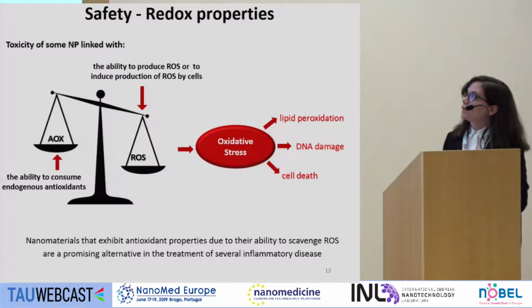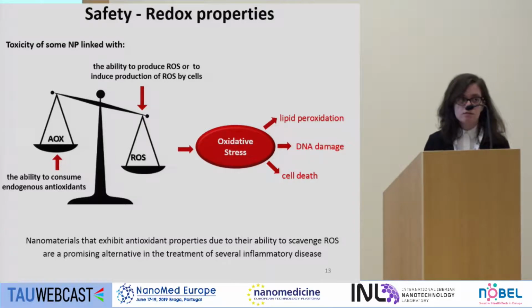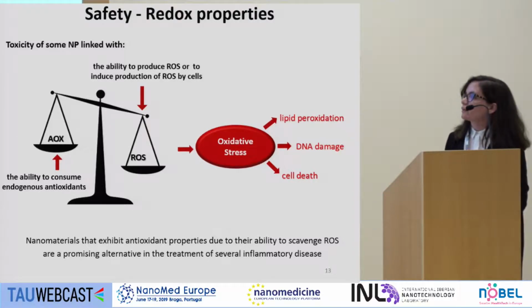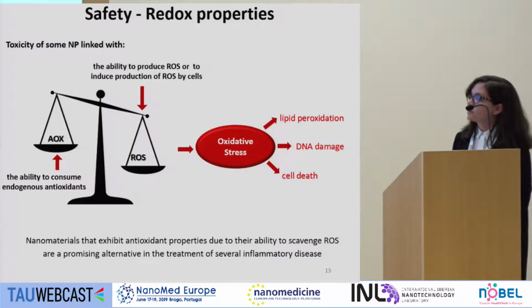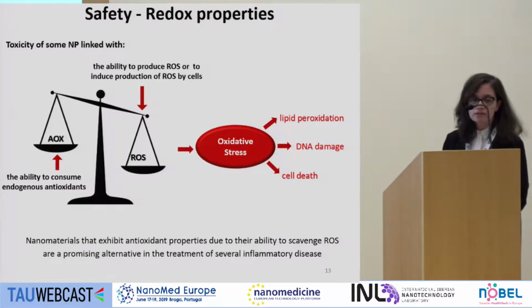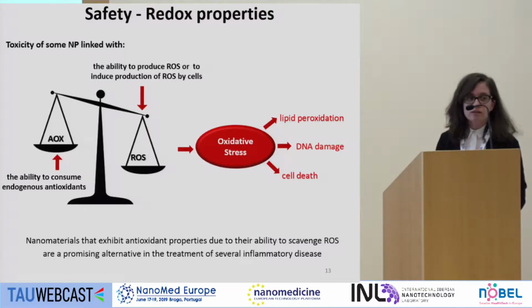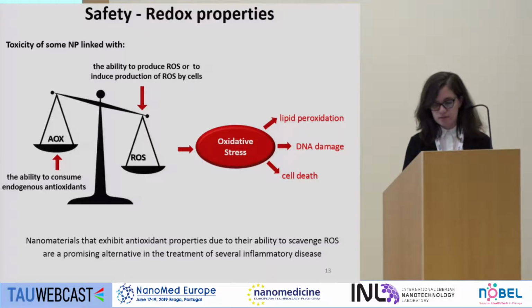All of these mechanisms can lead to oxidative stress, which can lead to damage of several cellular components and also to cell death. On the other hand, nanoparticles that exhibit antioxidant properties were also reported in the literature, and they can be a promising alternative in the treatment of several inflammatory diseases.